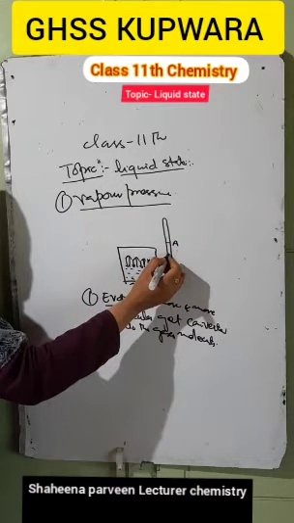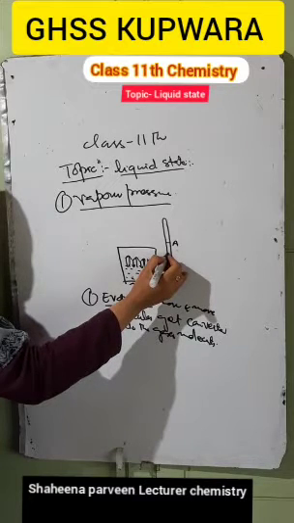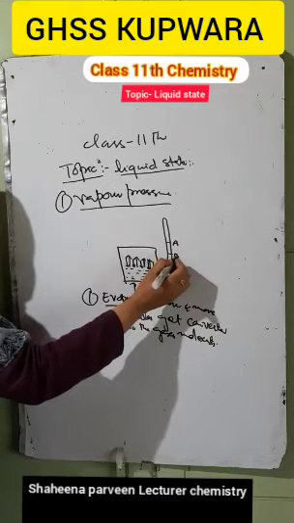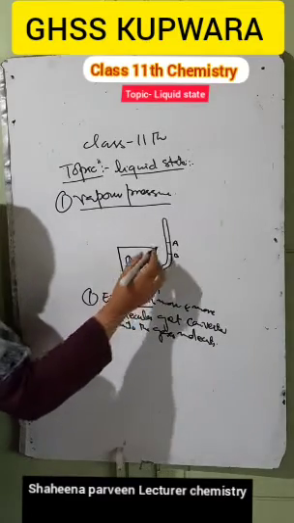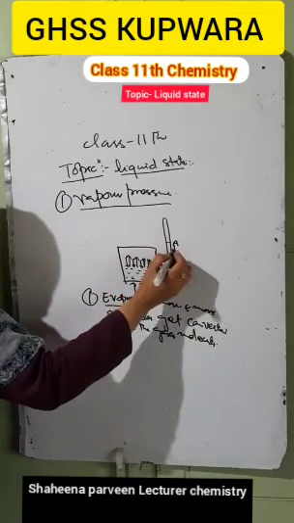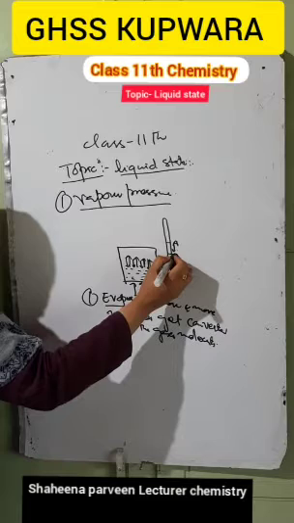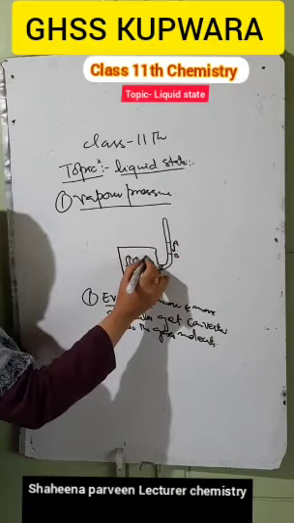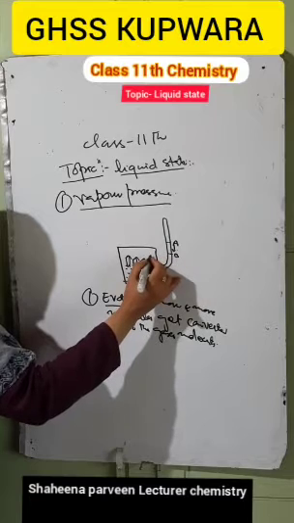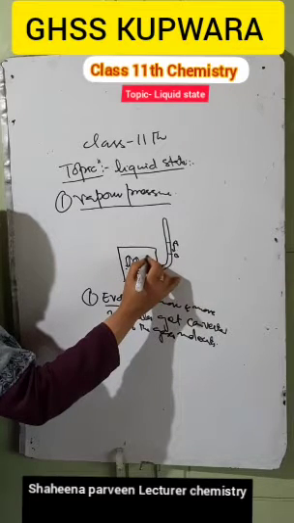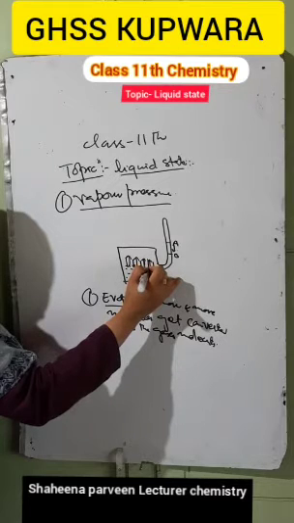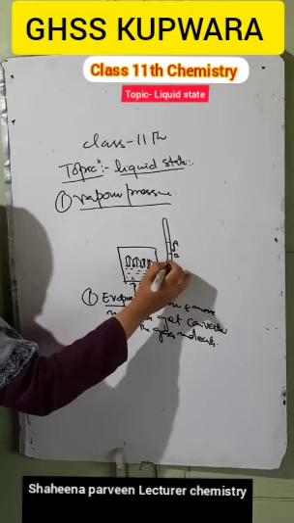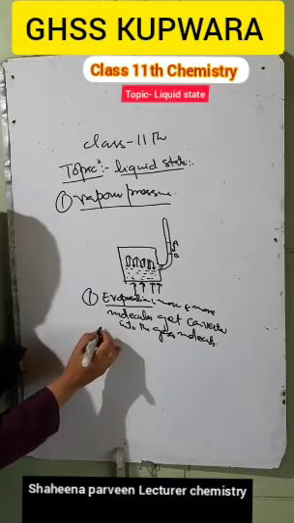Suppose it reaches a level B, which shows that the level of the mercury decreases, which is basically the consequence of decreasing of the gas molecules as they get converted back into the liquid state. That process is called condensation.